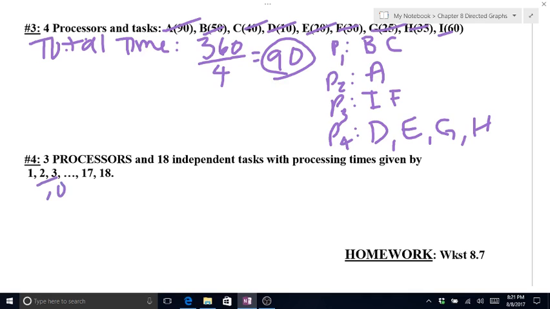So total time here is 1 plus 2 plus 3 plus 4 plus 5, the whole way up to 18. So you should have a total of 171. And we're dividing this by 3. It's 57.